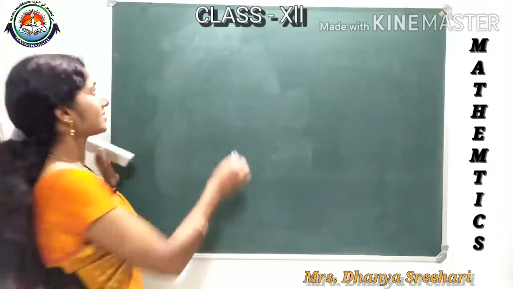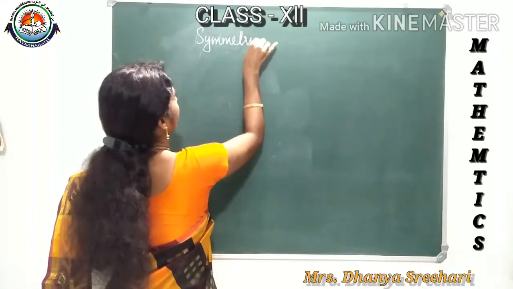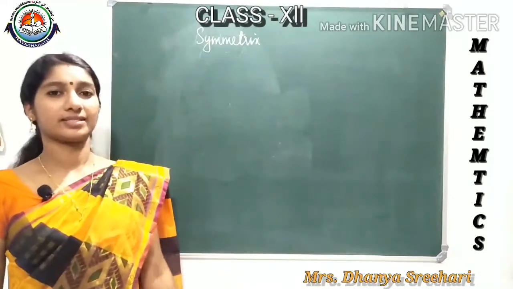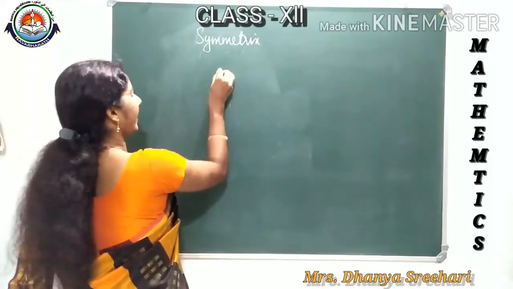Then, the next one is the symmetric matrix. When will we say a matrix is symmetric?